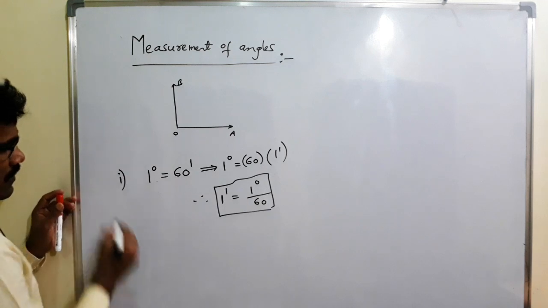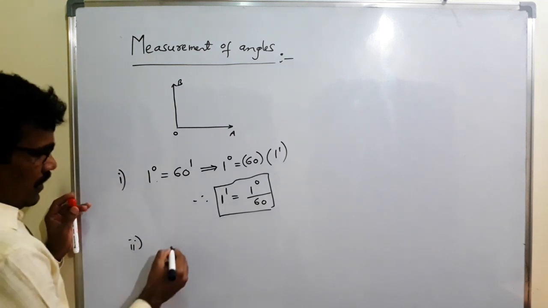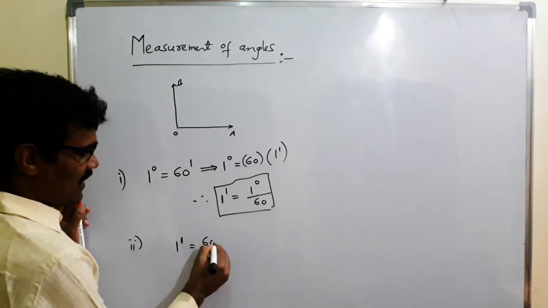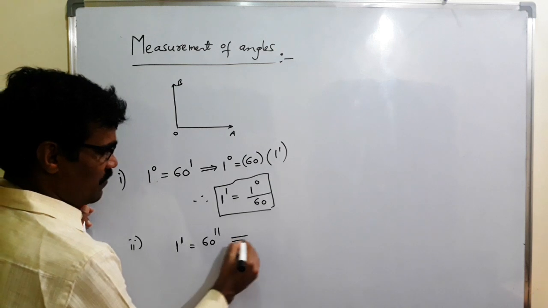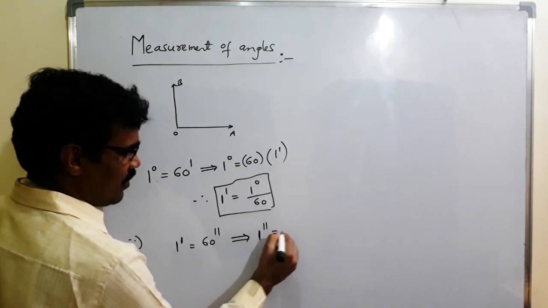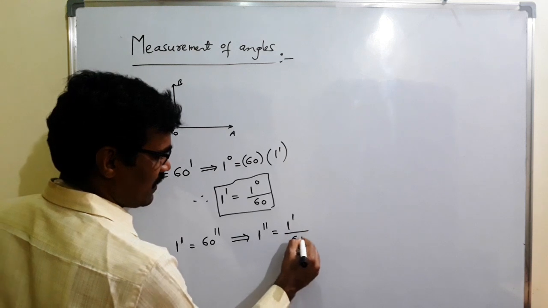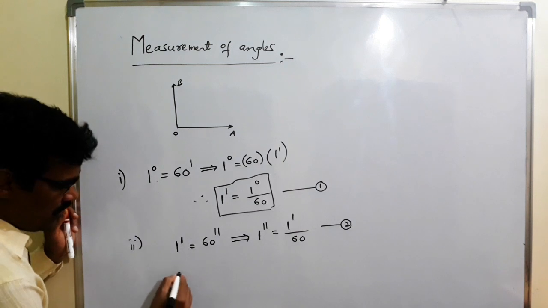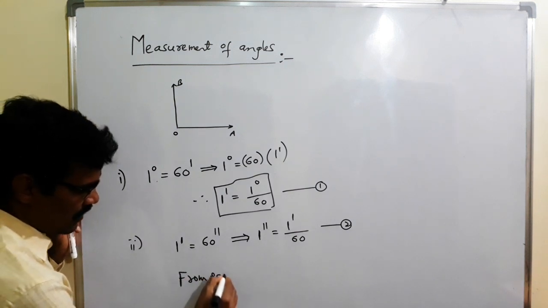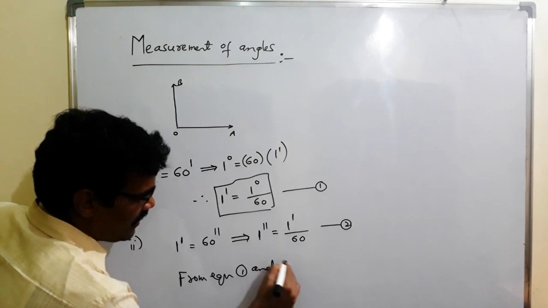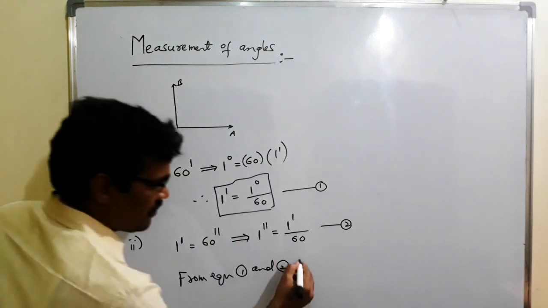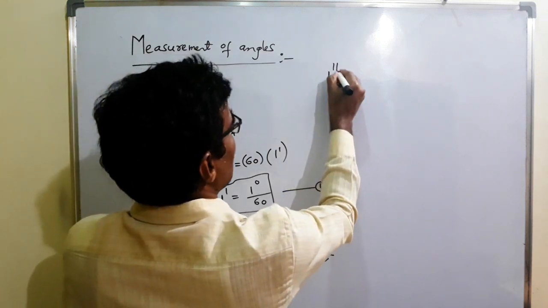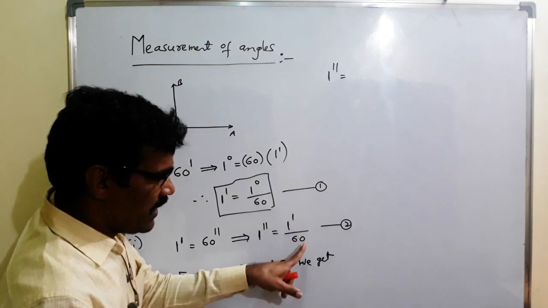First point, 1 degree is equal to 60 minutes. But second, here 1 minute is equal to 60 seconds. Therefore, 1 second is equal to 1 minute by 60. This is equation 1, equation 2. From equation 1 and equation 2, students, we get 1 second is equal to 1 minute by 60.